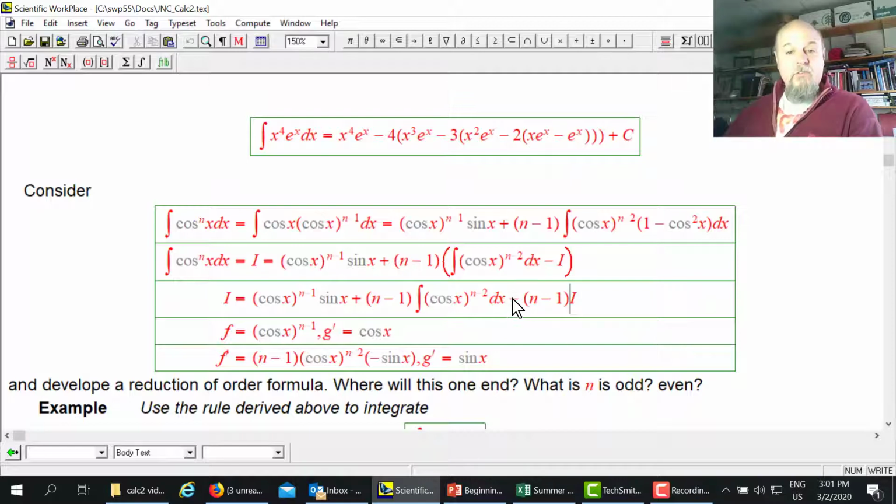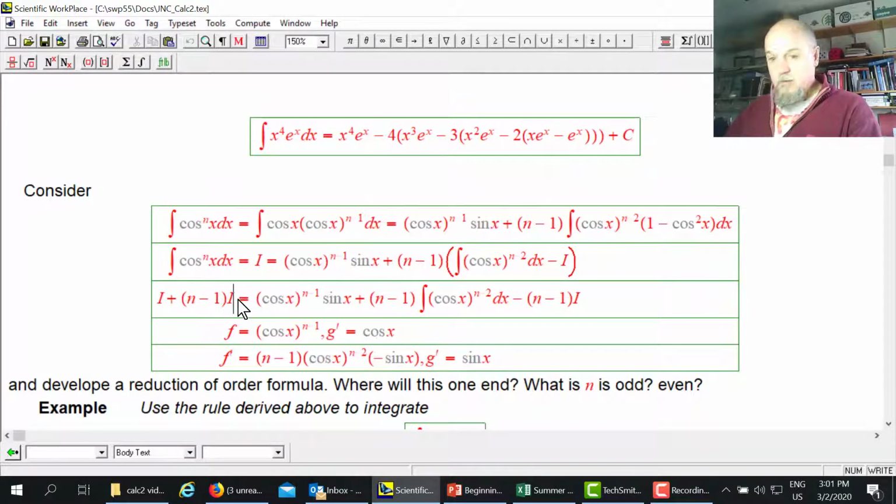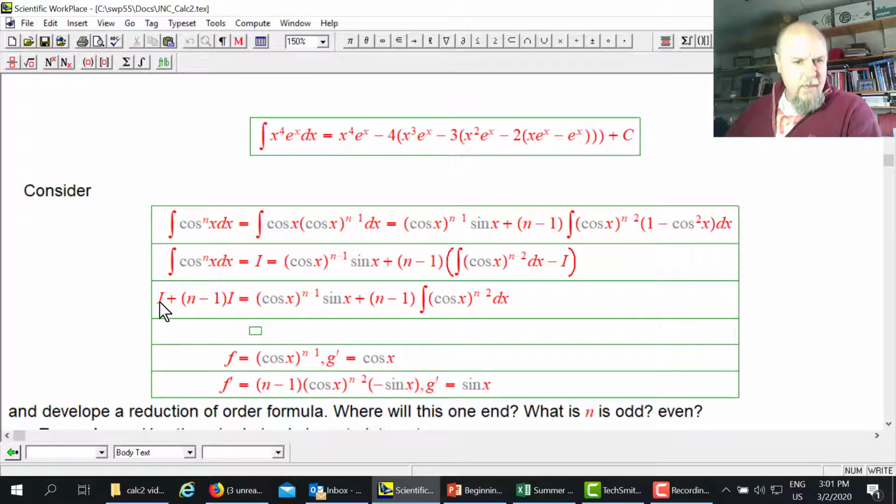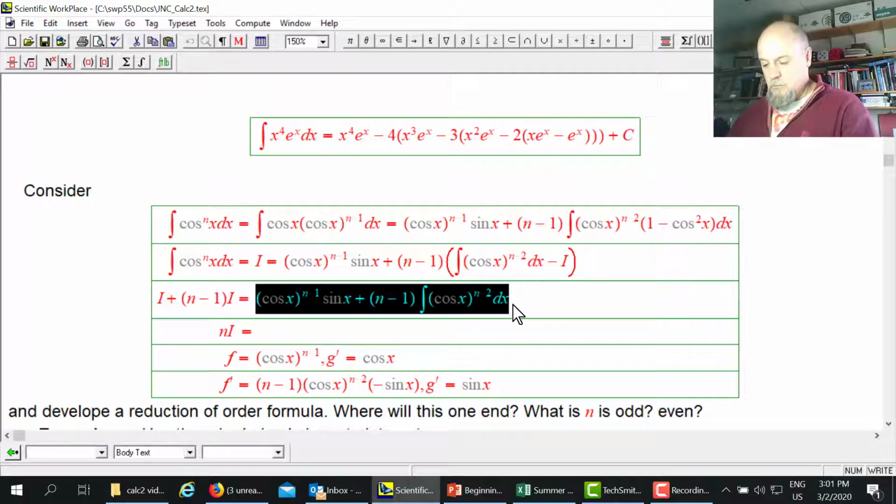And when I bring this over to the other side, it's going to be a plus n minus 1 times I. Okay, so then I times this, if I expand this all out, that's going to be n times I is equal to just this.